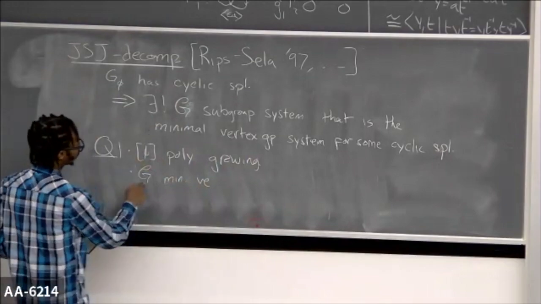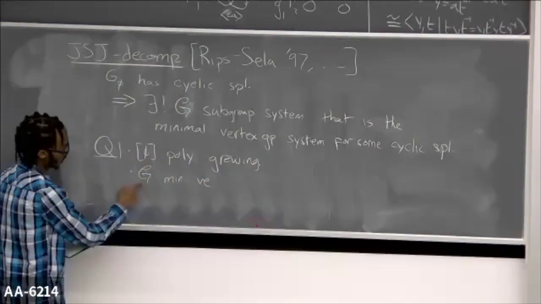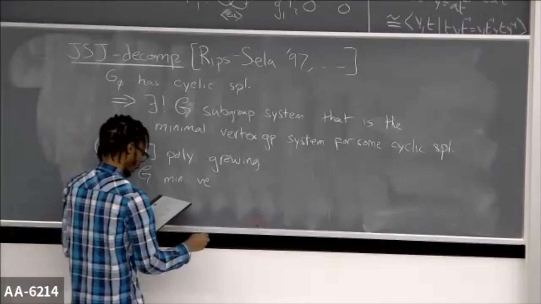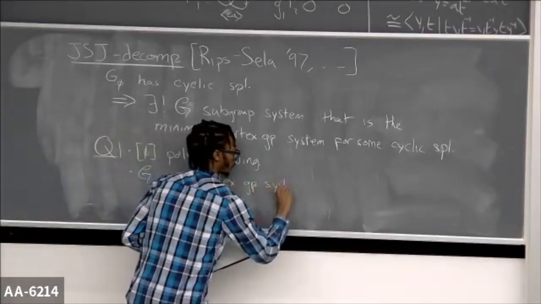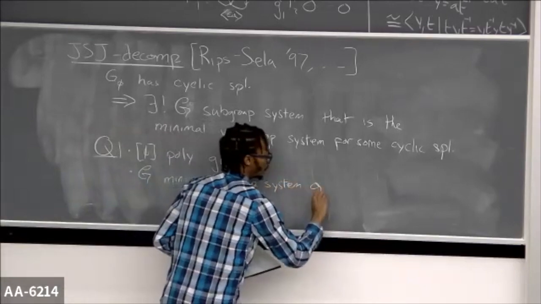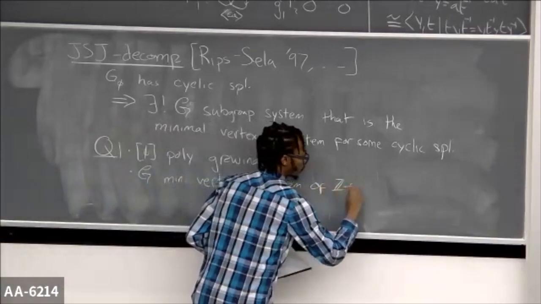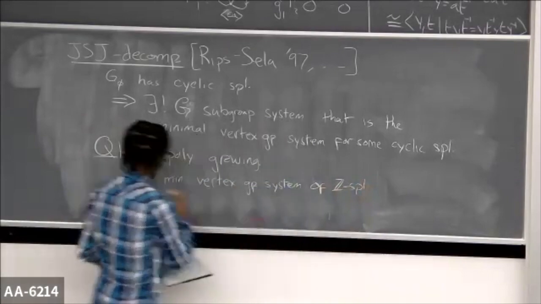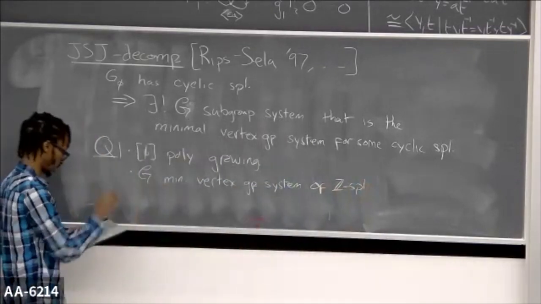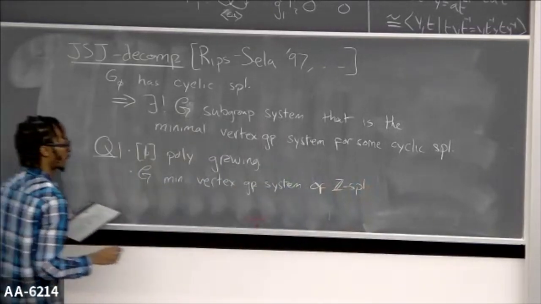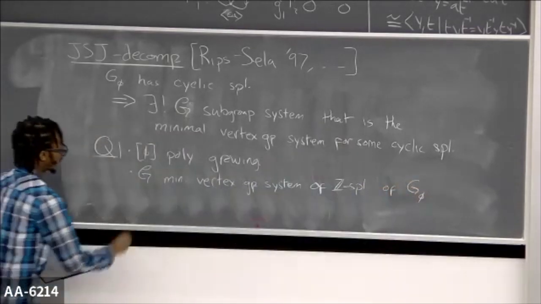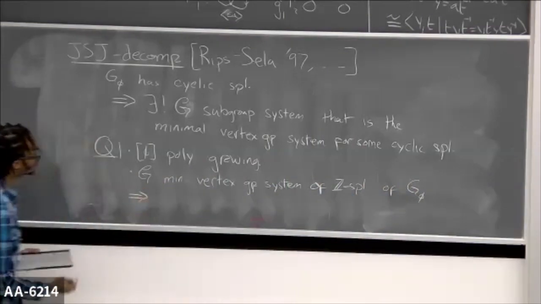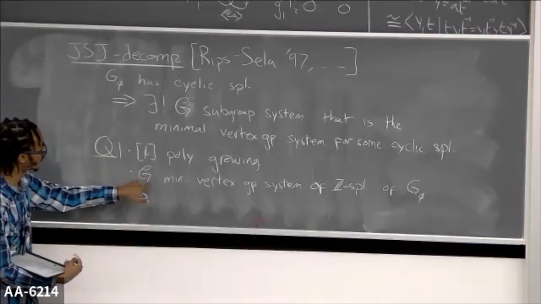So now you take a minimal vertex group system of a Z splitting. This is a well-defined thing. It's unique, of G_phi.